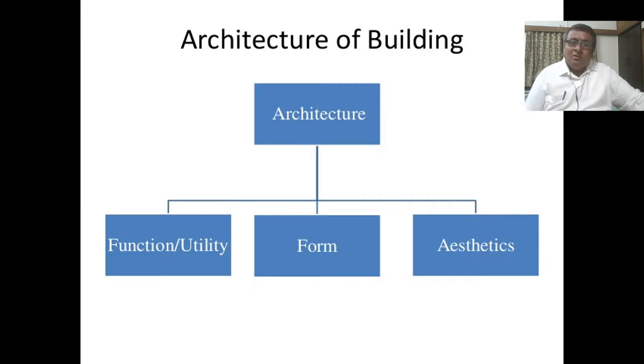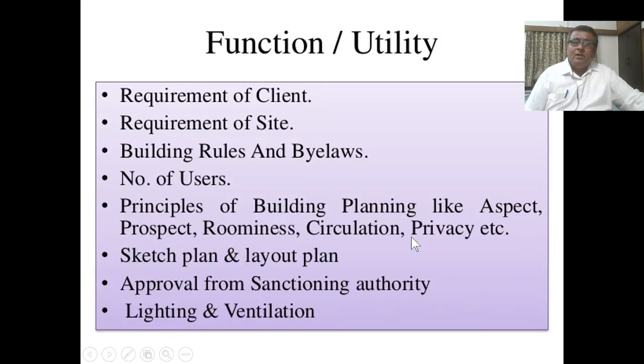Now the architecture of the building, I am trying to show it in a hierarchy. So architecture and its constituents are functions and utility, form and aesthetics. Then function and utility.